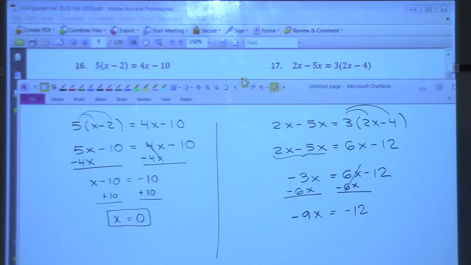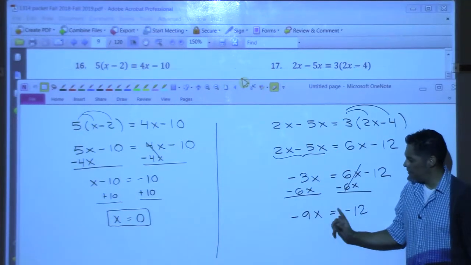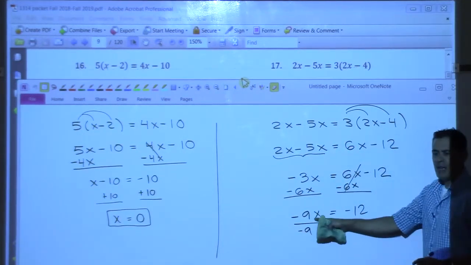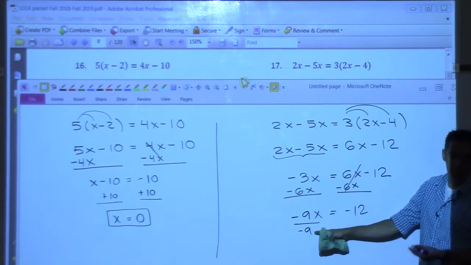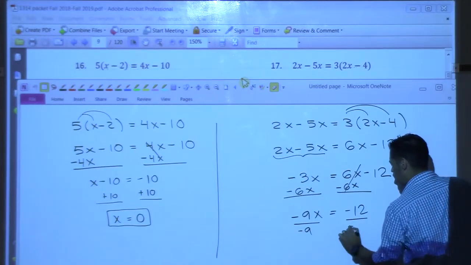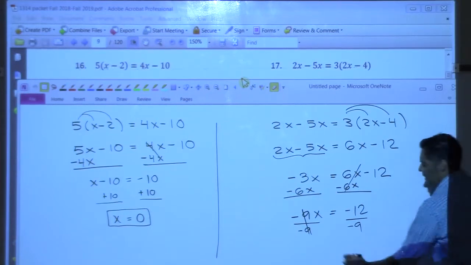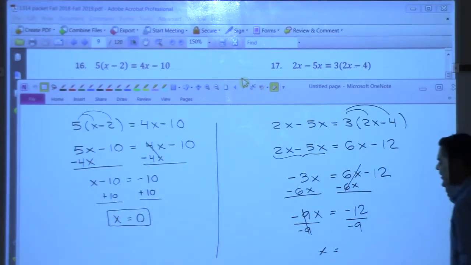You want to finish it off? How would you get this x by itself? I would divide by negative 9. And you have to divide by the negative because negative divided by negative will give you the positive, right? So you get this. This becomes a 1. So you have x equals, and then over here, what's a negative divided by negative?